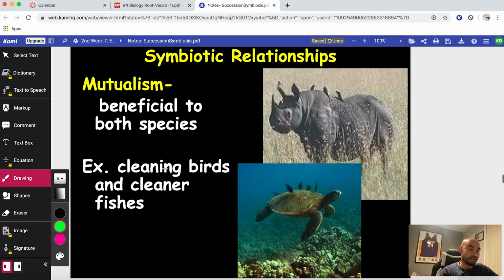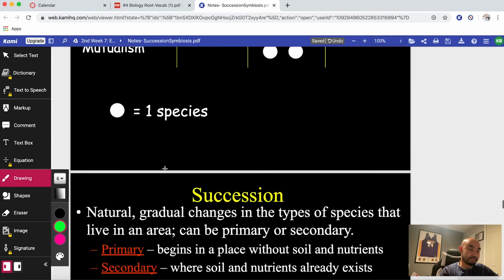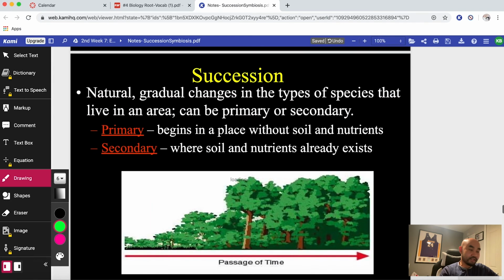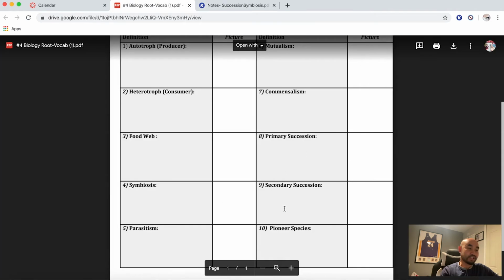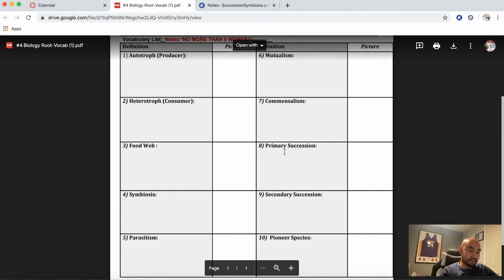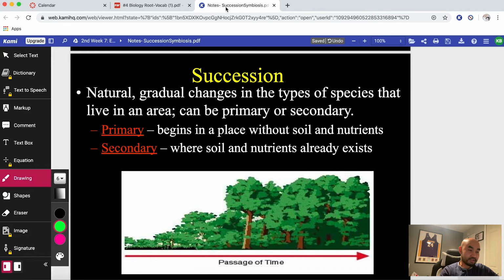So speaking of relationships of different organisms, now we're gonna move on to what we call succession. Vocab list, succession, right here. What is succession? If somebody succeeds a throne, that means they take over.